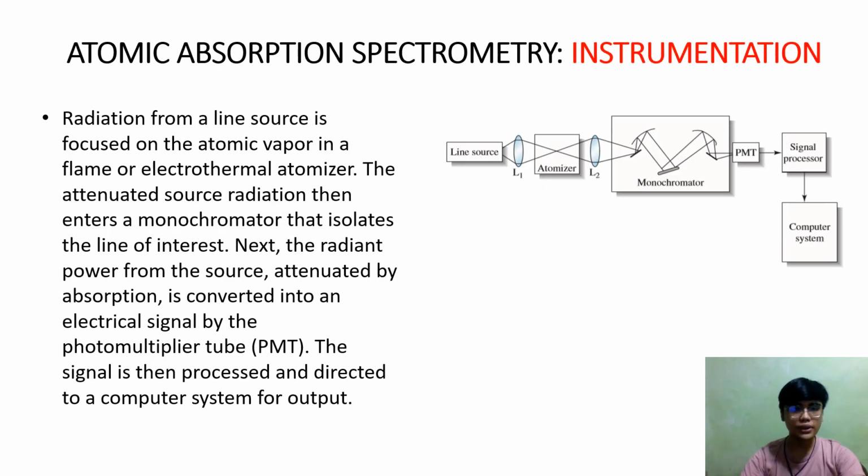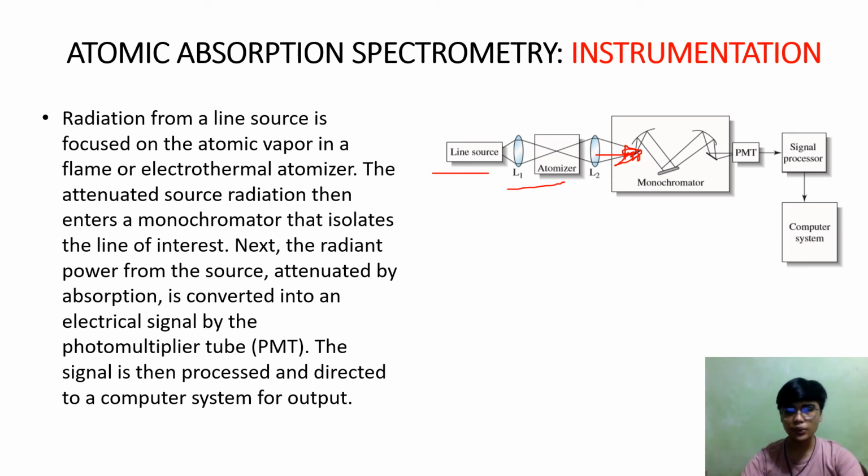For the instrumentation, radiation from a line source is focused on the atomic vapor in a flame or electrothermal atomizer. The attenuated source radiation then enters the monochromator that isolates the line of interest.